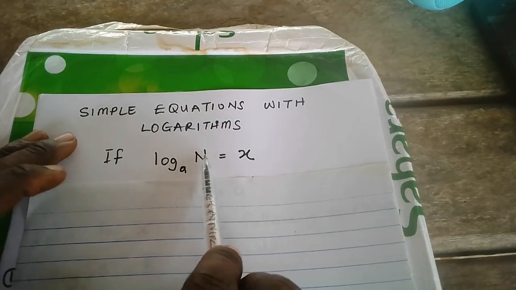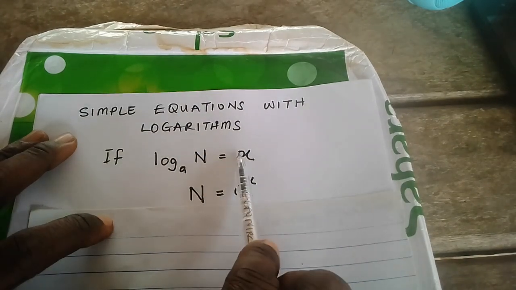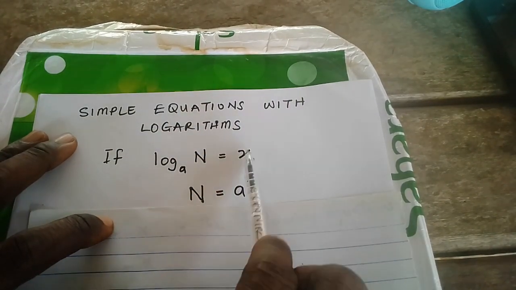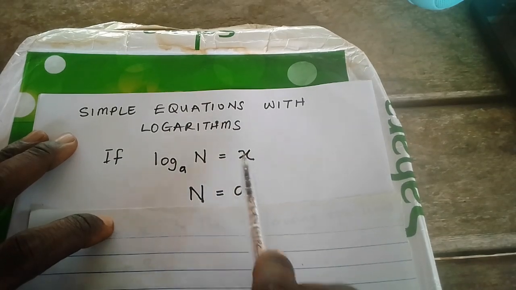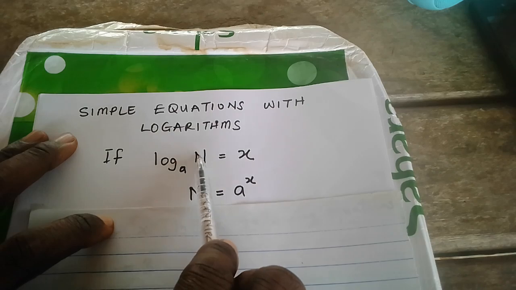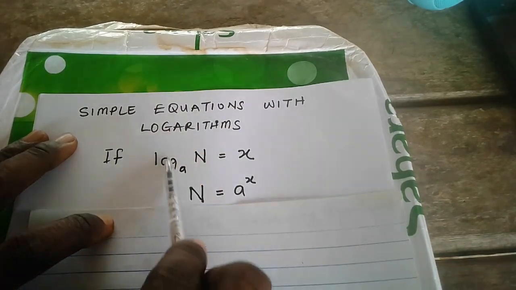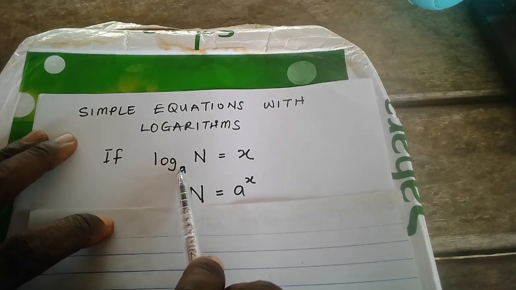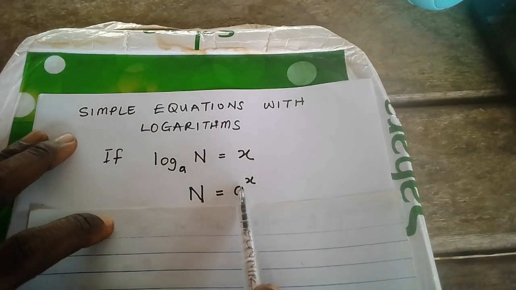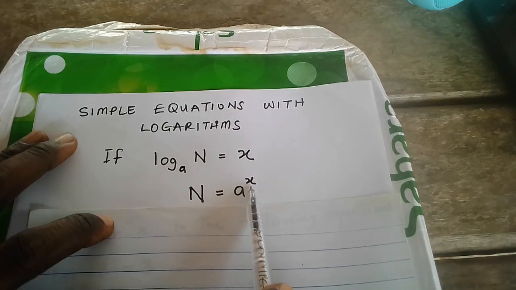The n will still be here, the base of this logarithm will come to the other side and be the base here, while whatever is on the right here will now become the power. So log n is equal to x can be written in indices as n is equal to a raised to the power x.